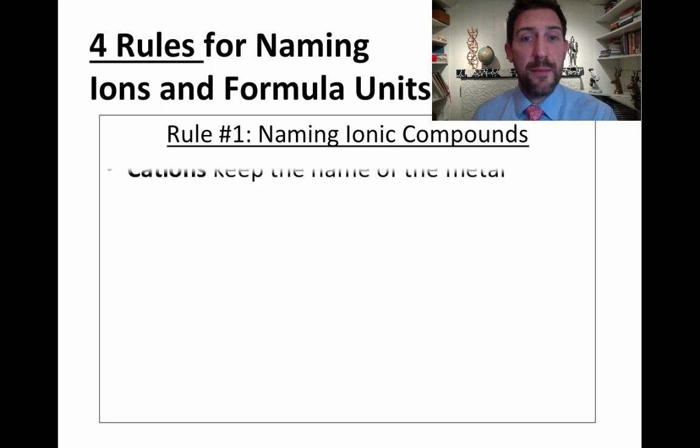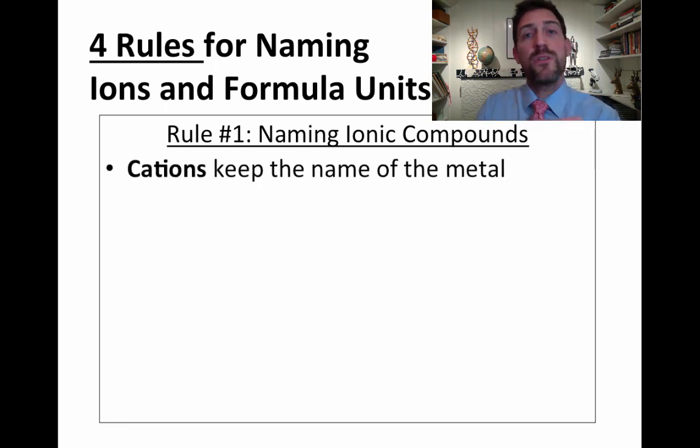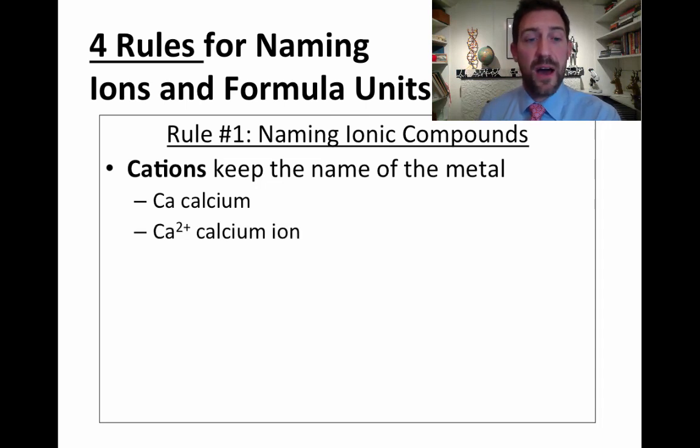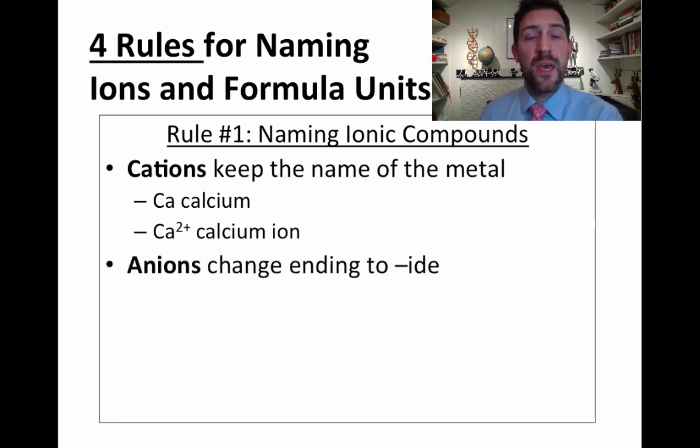Rule number 1 for naming ionic compounds. We always start with the cation. So the cation is the first one. It's the positive one, and it keeps the name of the metal. For example, calcium, when it ionizes, is going to make a positive ion. So calcium 2+, we call that the calcium ion. Nothing changed about the name. Then, after that, we'll put the anion.